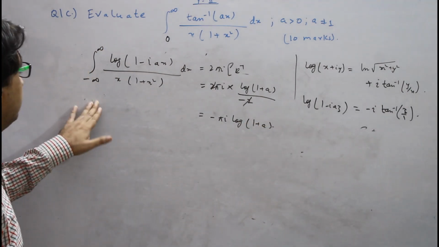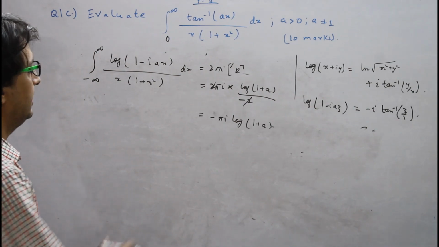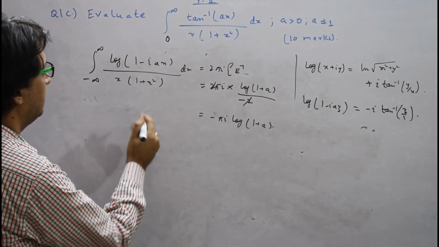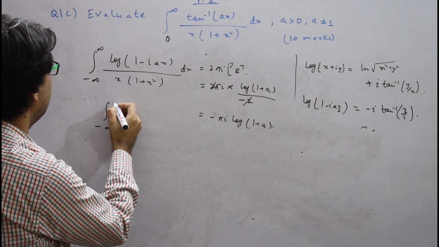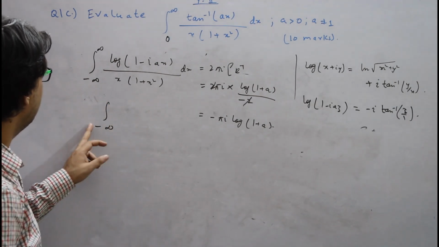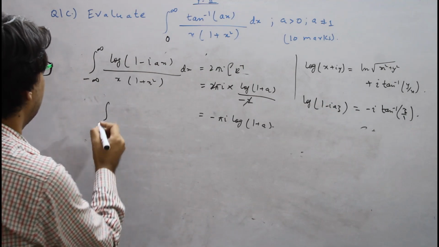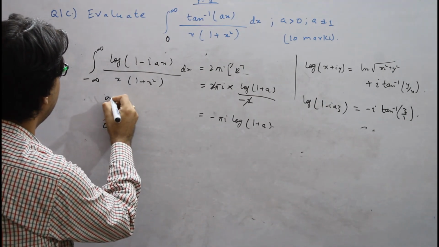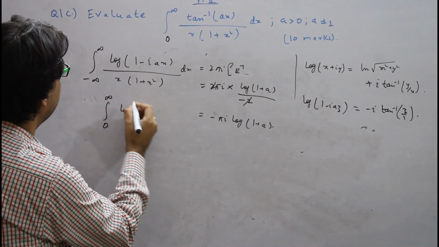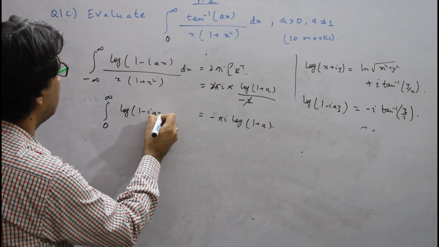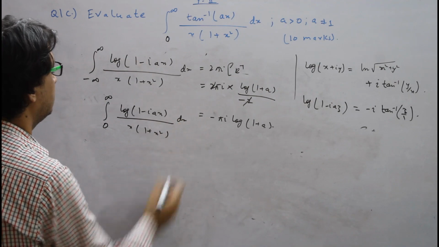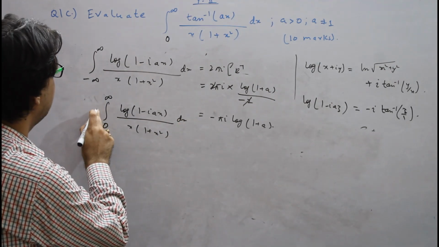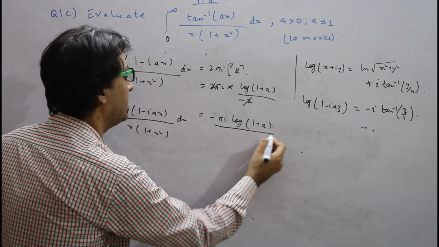So here this is minus pi i. Now I will write this as minus infinity to infinity. I can write it 0 to infinity also, because that will be 2 times this one, of x into (1 plus x squared) dx, and this becomes 2, so this 2 will go in the denominator.